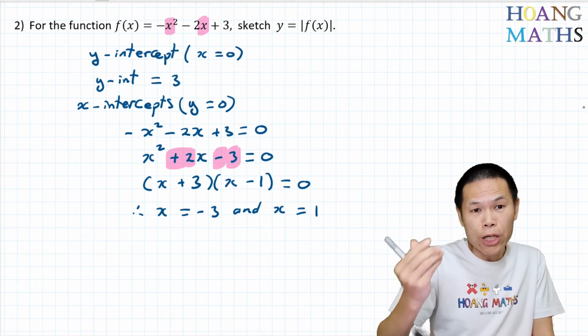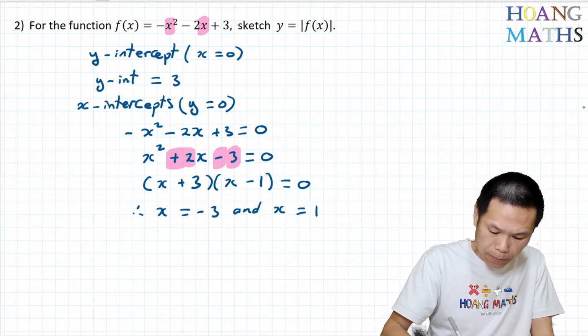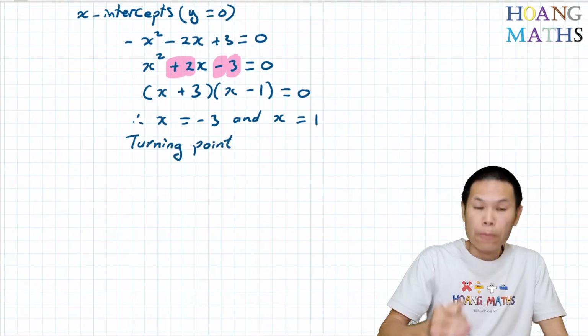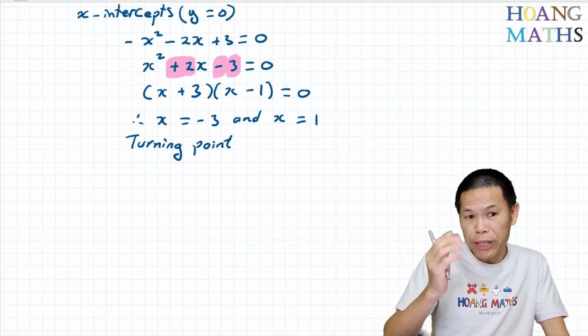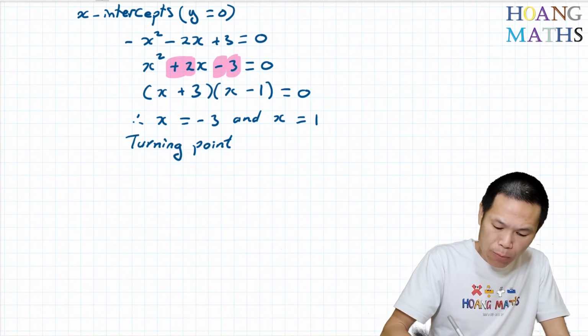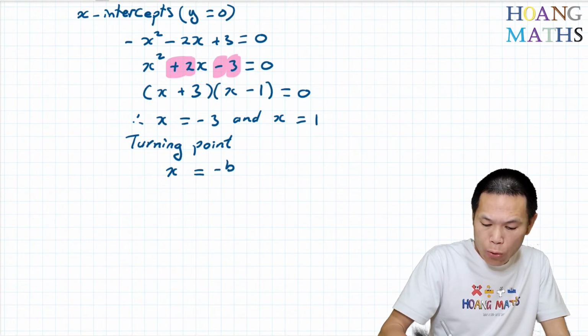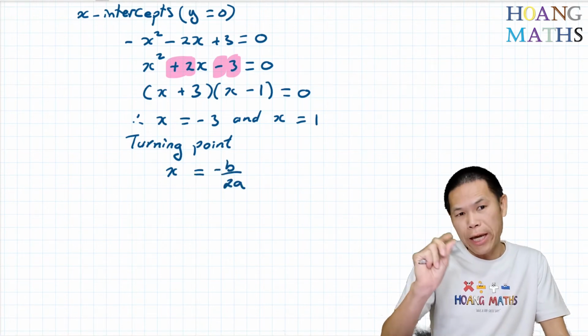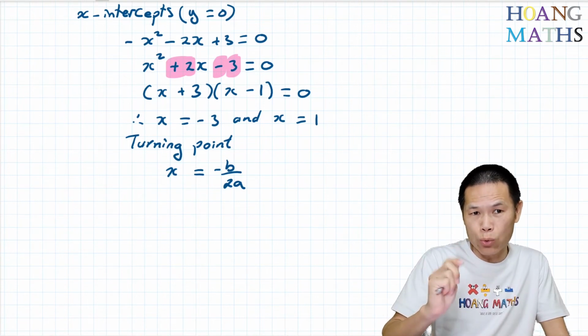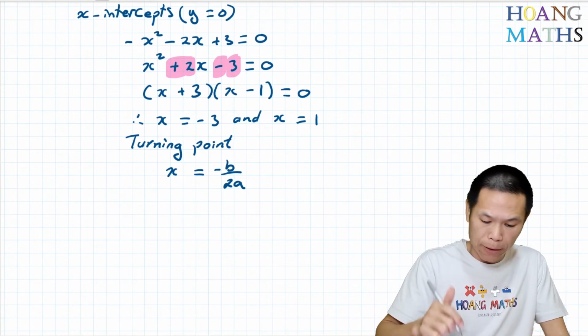Then we need to find the turning point. So let me just write this down. First of all, to find the turning point, we need to find the axis of symmetry first. The axis of symmetry is x equals negative b over 2a. Or you can simply work it out by negative 3 plus 1 divided by 2, and you should get negative 1.